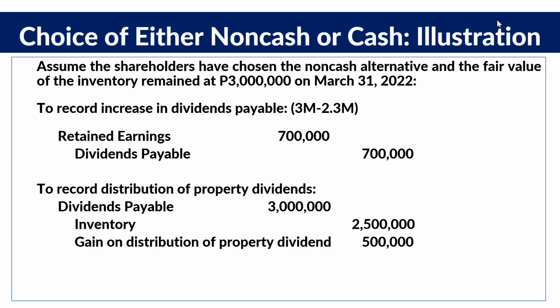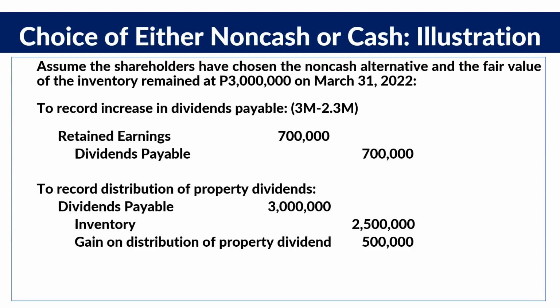Okay. So next, what if the shareholders have chosen the non-cash alternative and the fair value of the inventory remained at 3 million on March 31, 2022? So the 2.3 that we recorded as dividends payable, because for non-cash dividends, our payable should be equivalent to the fair value of that non-cash asset.